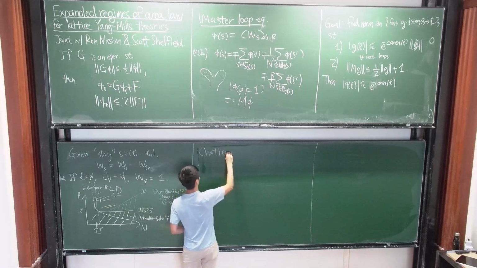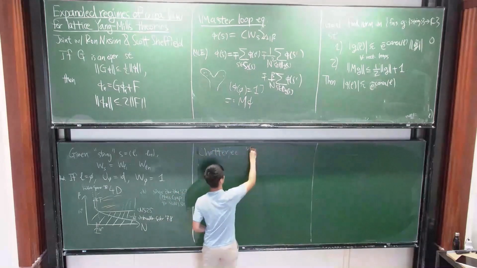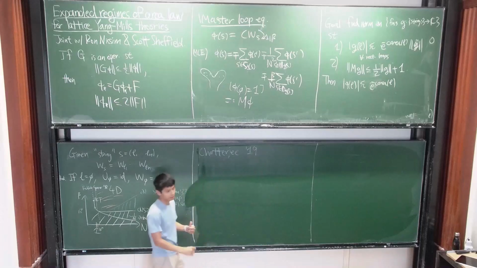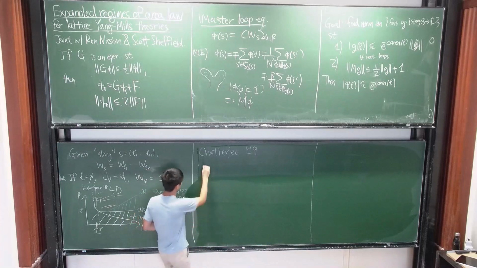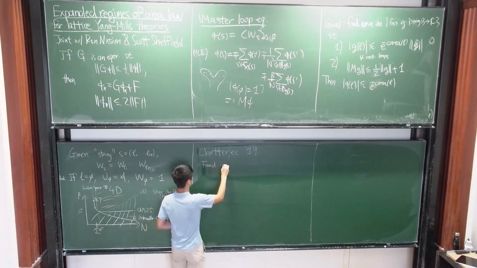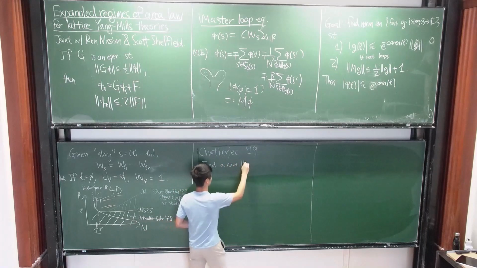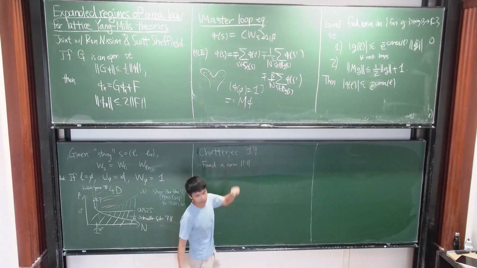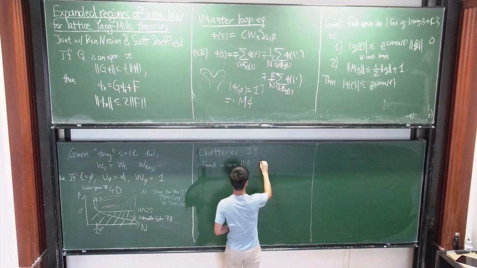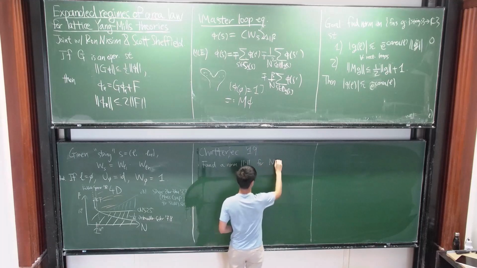This paper was published in 2019, but probably came out on arXiv in 2016, where he found a norm which basically satisfies those two properties for the large N limit.